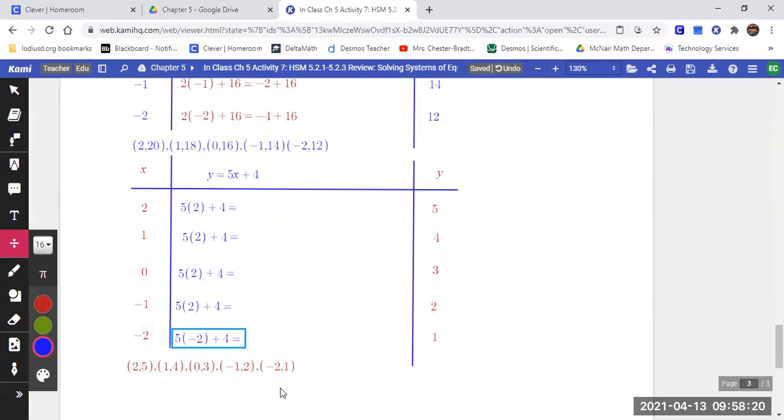That's a -2. This says -1, 0, and 1. Now, just like we did above, we have to go do the math. So, what are we going to say?